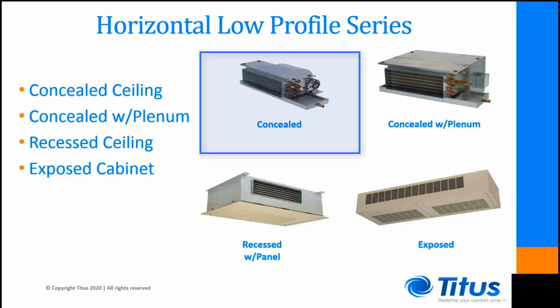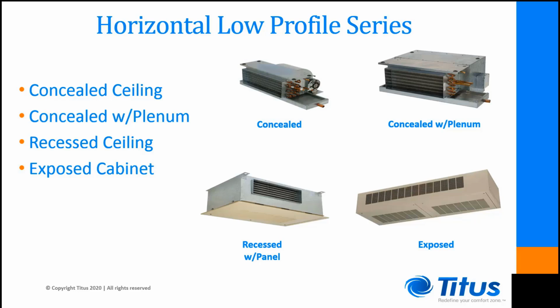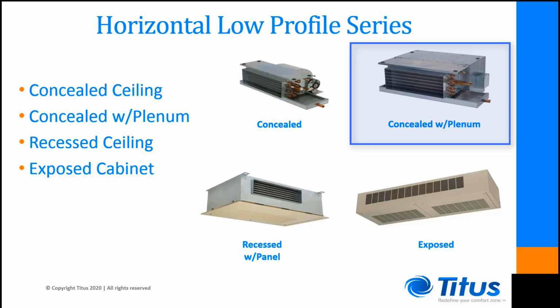This unit is meant to be installed above the ceiling in the plenum space away from view. It would be ducted to the room to supply the conditioned air to the space. In the top right corner, we can see the same unit but with a plenum box installed around the motor blower section. This plenum box allows for a filter to be installed as well as ductwork attached directly to the return side of the unit.